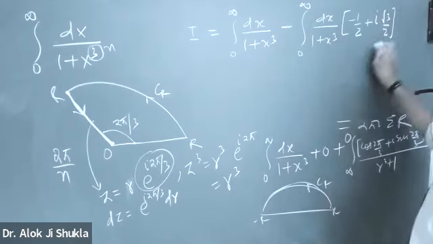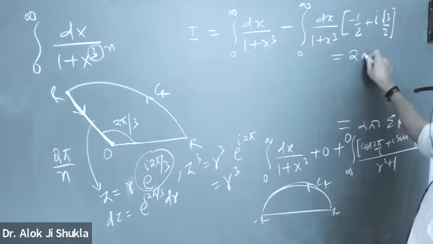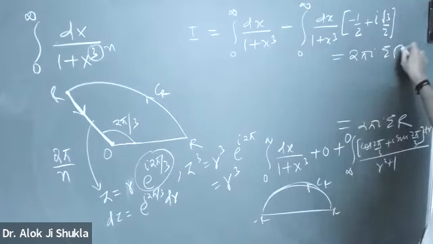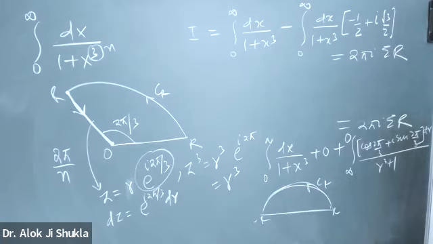This is equal to 2 pi i sum of residue. Sir, here we only changed variables in the second integration, dr to dx. So that hardly matters, right? Okay. Is this okay now? Please check.